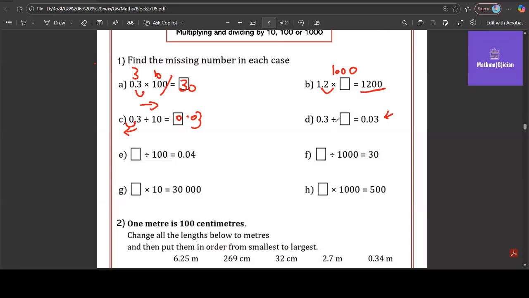The difference between 10 and 100 is one zero. 10 holds a zero. So 0.3 divided by 10 equals 0.03. The same as here, we have 100: 0.04 divided by 100 equals 4 over 100. It should be 4 because there are two decimal places and we have two zeros.